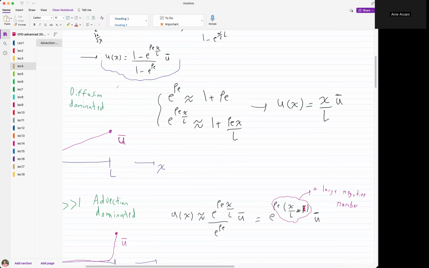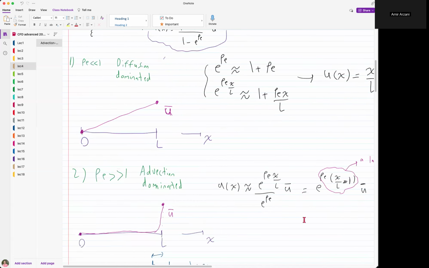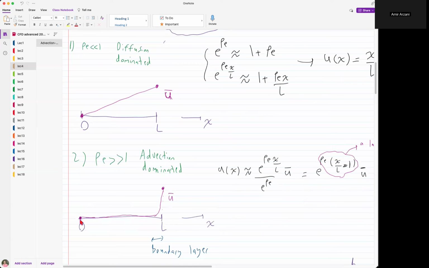The only part that this cannot be assumed to be 0 is when x over L is close to 1, because then you get 0 here, so you have exponential of 0, which is 1. So that's just 1 times u bar. If you plot this, this is what you get. Your solution is pretty much 0 everywhere, and then suddenly, in a very thin boundary layer that scales with Peclet, you jump to the u bar value.